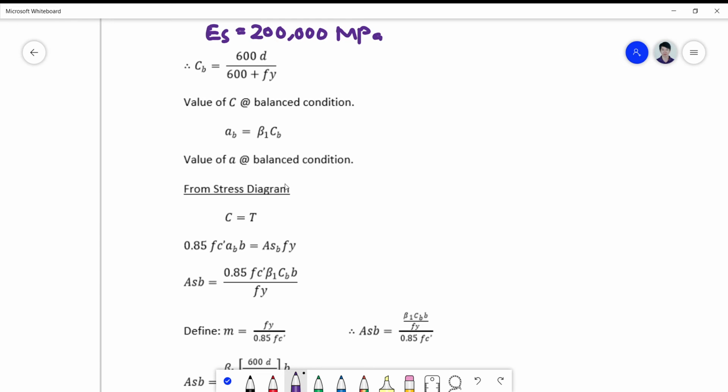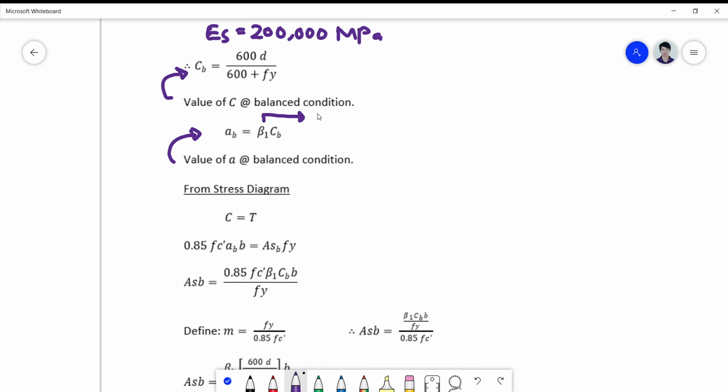So the value of c now, we're talking of small c here, at the balance condition, and this is the value of a at the balance condition. Okay, so we simply make use of beta 1.